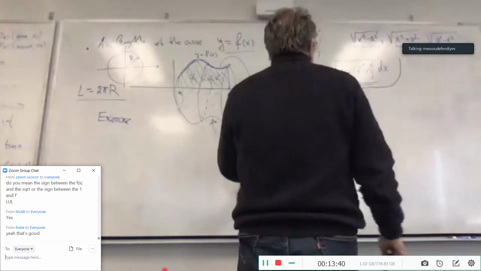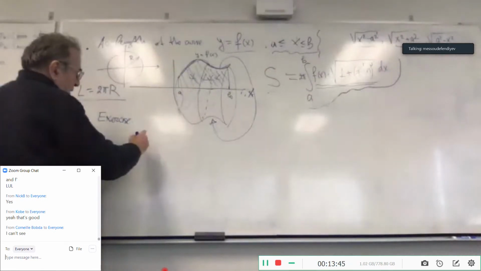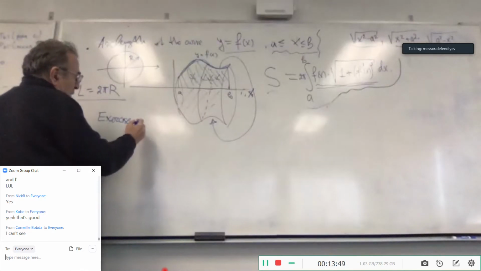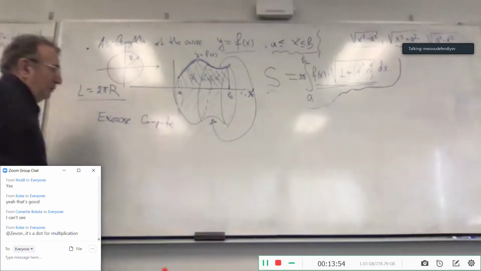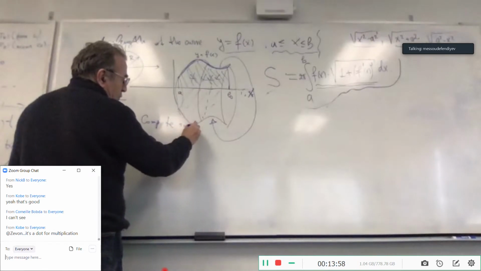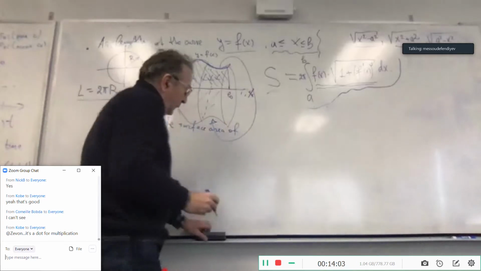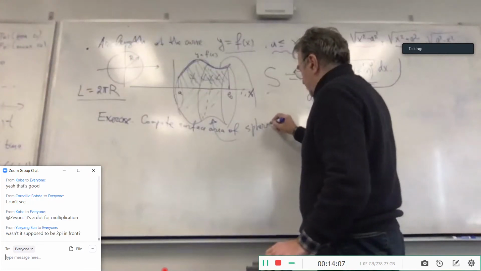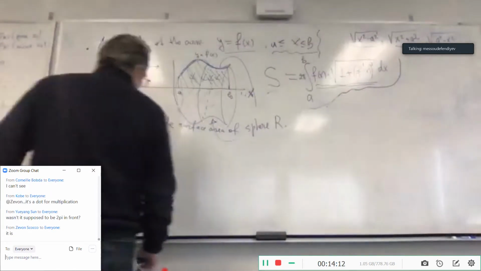And now this is the exercise. Let us try to compute the surface area of a sphere with radius r.